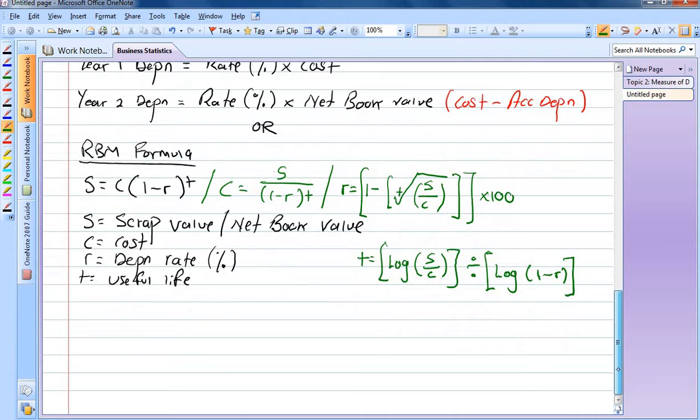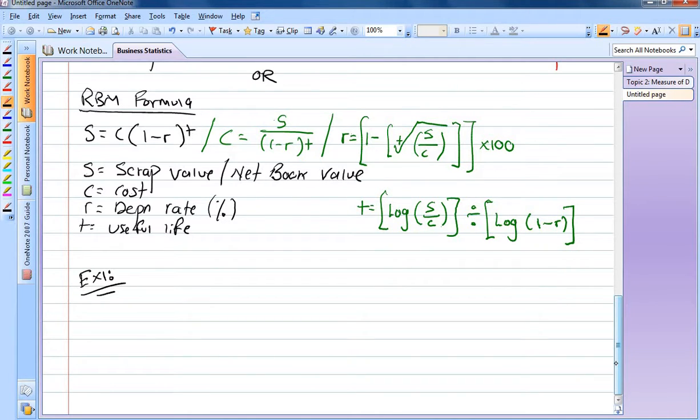Okay, now let's do one simple example for the reducing balance method.